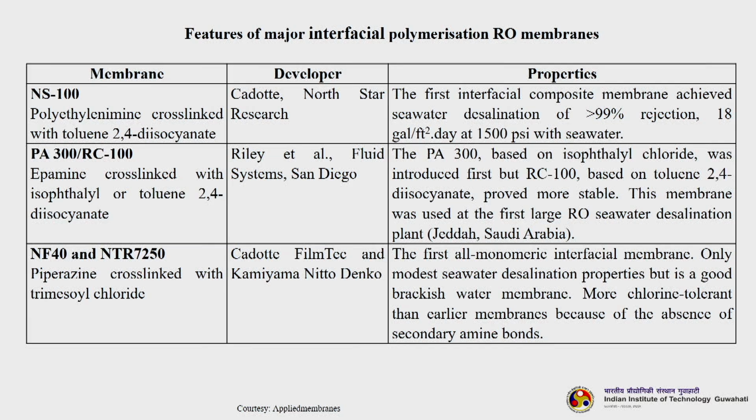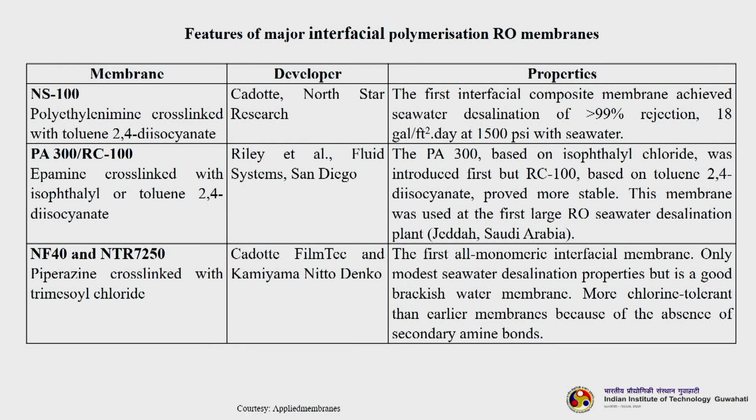Now, the next is PA 300 and RC 100. These are polyamine cross linked with isophthaloyl chloride or toluene 2,4 diisocyanate. Riley et al. developed this membrane at Fluid Systems, San Diego. The PA 300 membrane based on isophthaloyl chloride was introduced first, but RC 100 based on toluene 2,4 diisocyanate proved more stable.